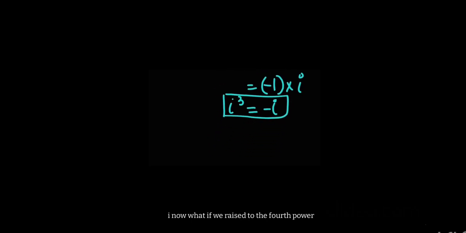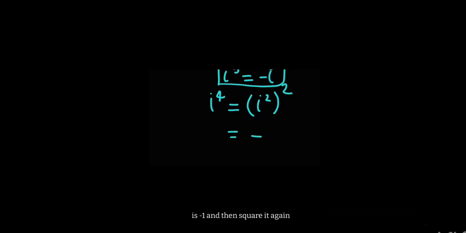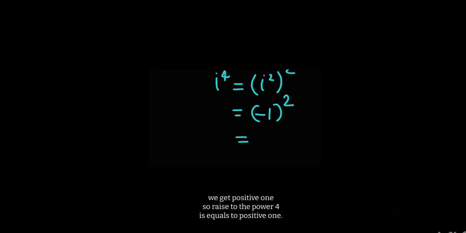Now, what if we raised i to the fourth power? We would get i squared and then square it again. Now, i squared is negative 1 and then square it again, we get positive 1. So, i raised to the power 4 is equal to positive 1.